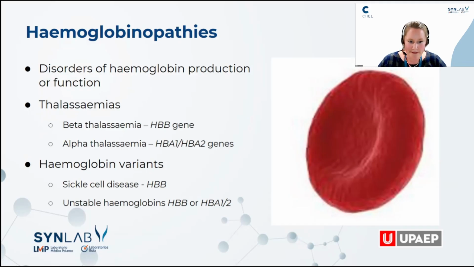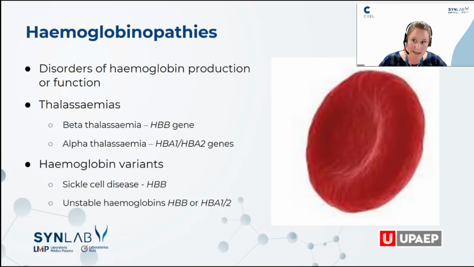We also have alpha thalassemia, which is caused by mutations in the alpha globin genes. So you have on each chromosome one copy of the alpha 1 and one copy of the alpha 2. So there are two alpha globin genes on each chromosome, and you need expression from both to contribute to the hemoglobin.